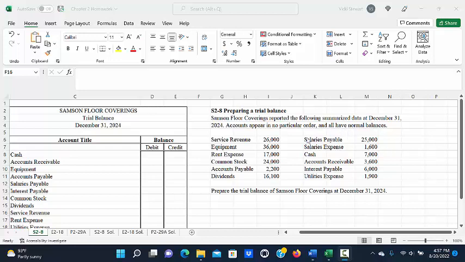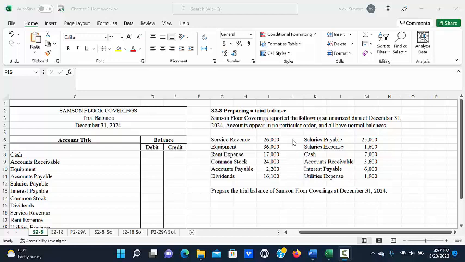Now, when you work one of these problems, especially when you're new and you haven't had very much experience with it and the accounts are all mixed together, you need to go through and identify what each account actually is, so that you can put them in the right order.